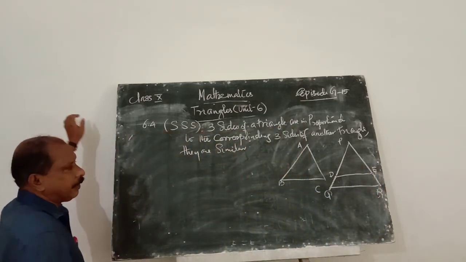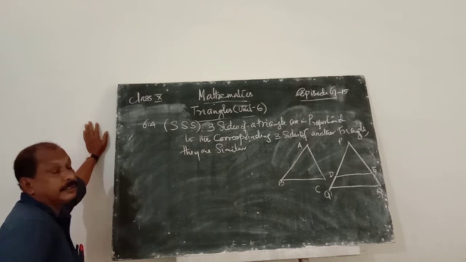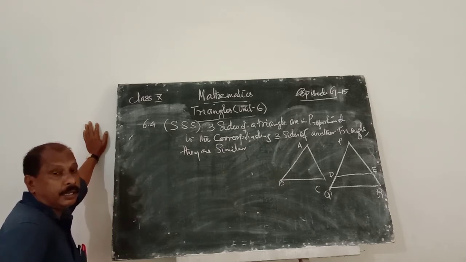That means what is given? The sides of first triangle and also sides of second triangle are in proportion.